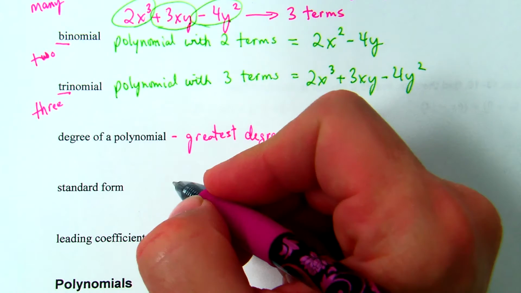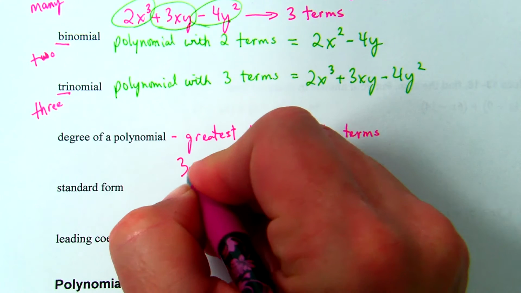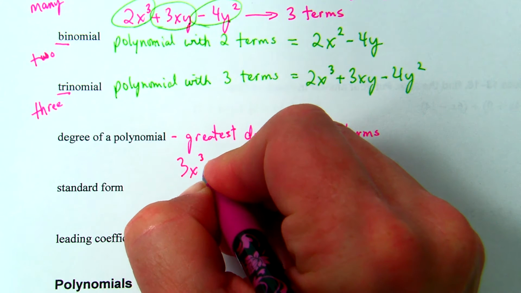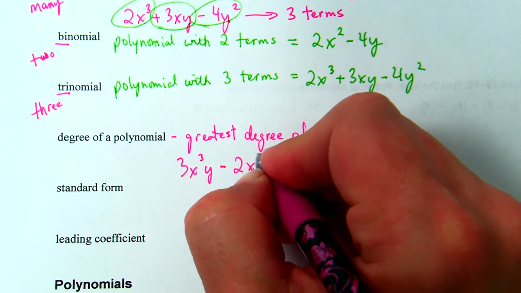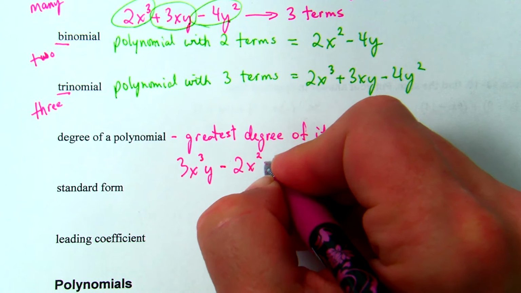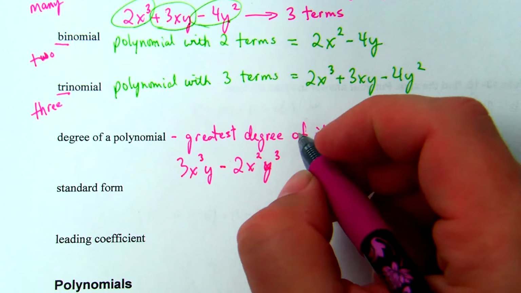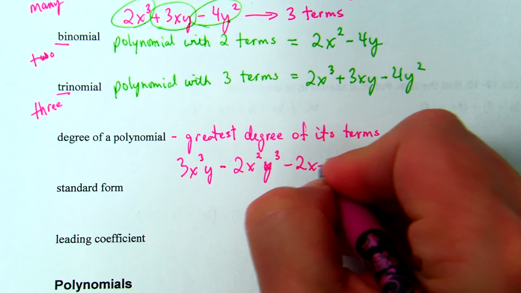So if you're going to look at all the terms here, let's give an example. 3x cubed y minus 2x squared y cubed minus 2x plus 4.